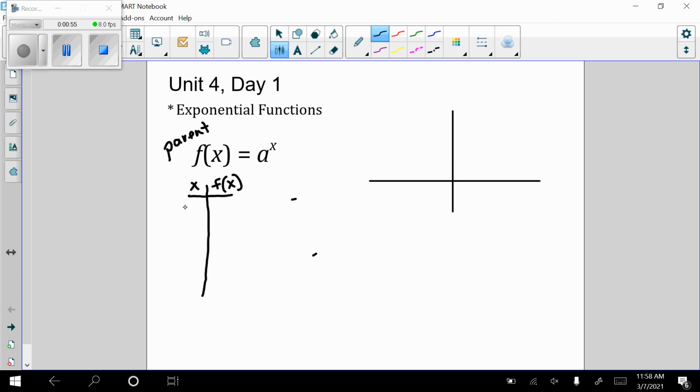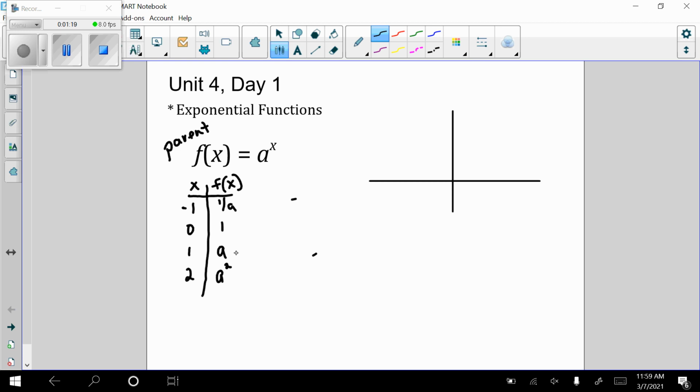So let's start with -1. We'll go to 0, we'll go to 1, we'll go to 2. So if I just leave that as base a, this is a to the -1 or 1 over a. A to the 0 is equal to 1. A to the first is equal to a. And then we have a squared.